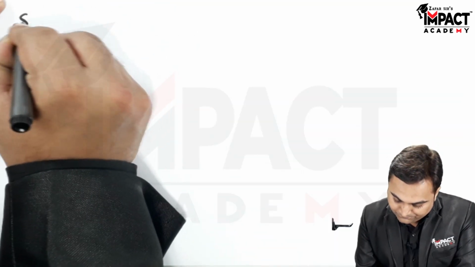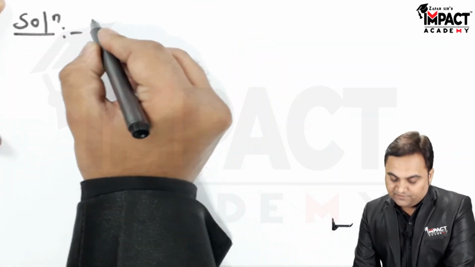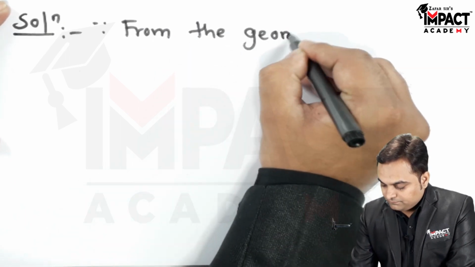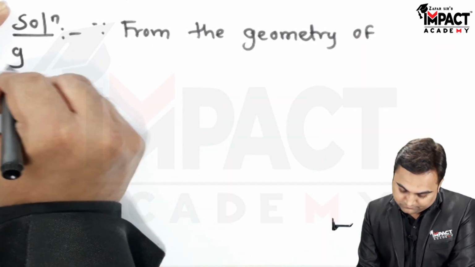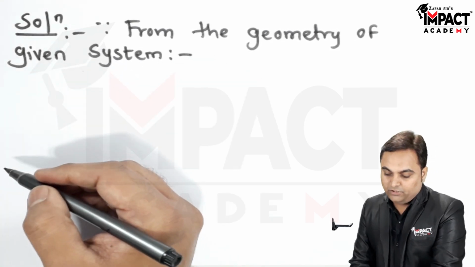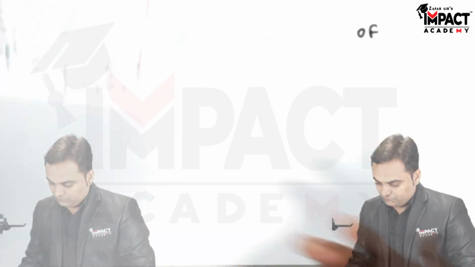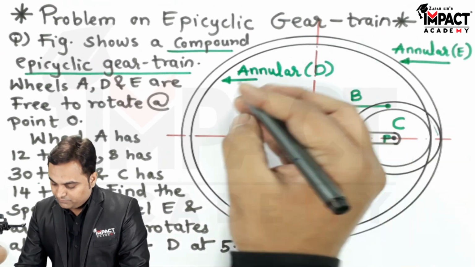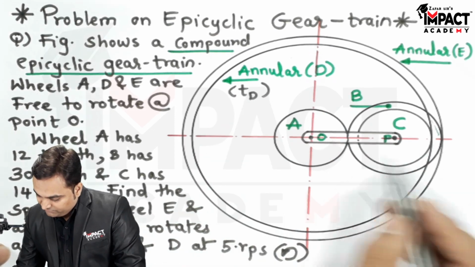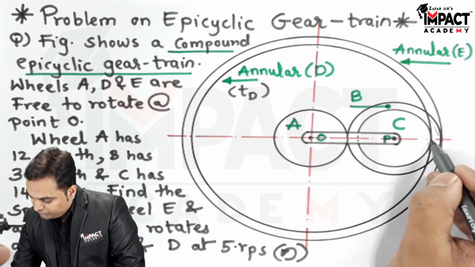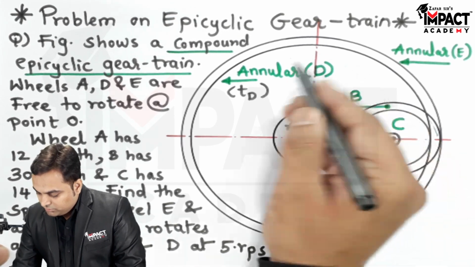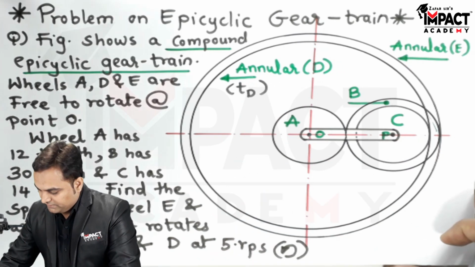Now in the solution, I'll use the concept of geometry. From the geometry of the given system, first I would be going for the calculation of number of teeth for annular D that I am going to find. Now I can see that from this center up to the internal radius, this is the internal radius for the annular D, up to the center.